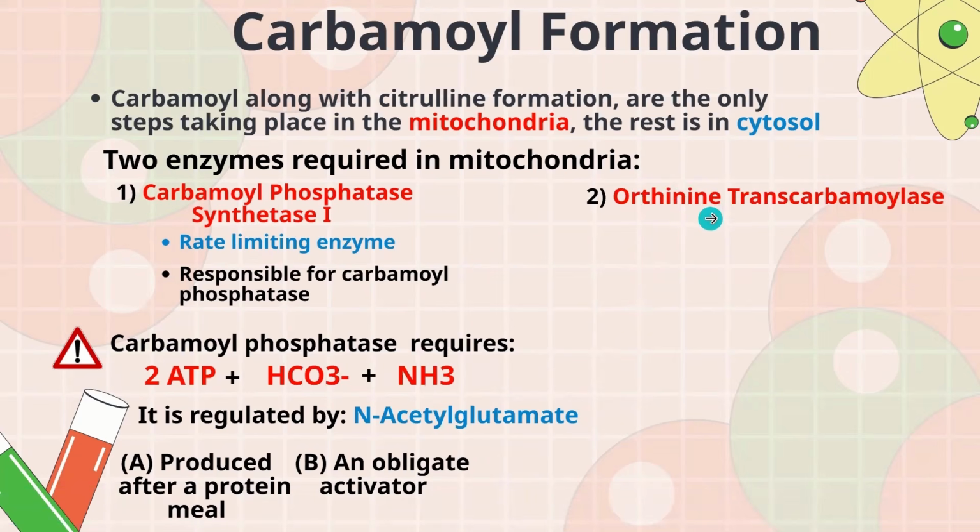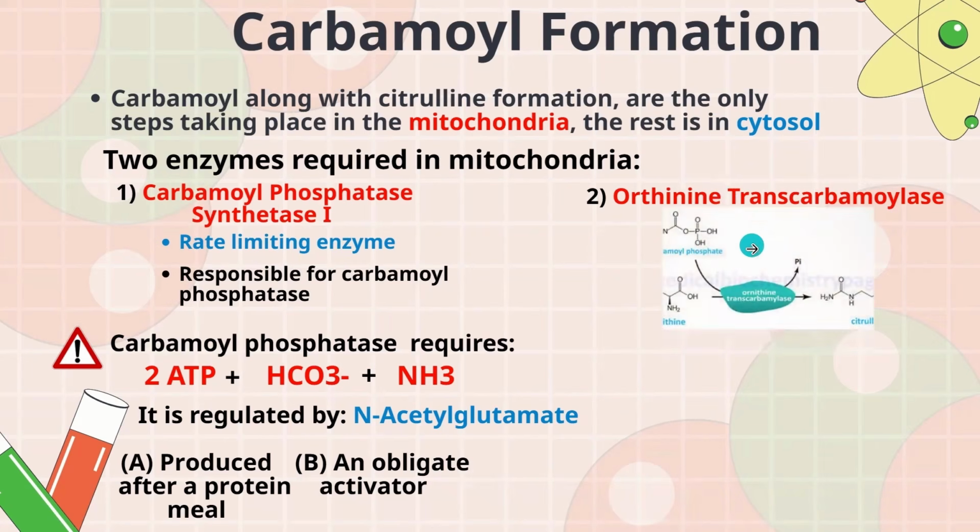Let's talk about the second enzyme, which is ornithine transcarbamylase. Sorry, the name is a bit hard, but the concept is very easy. Don't worry. Here we have the carbamoyl phosphate, and this is ornithine. It joins with ornithine transcarbamylase, and eventually it yields citrulline.